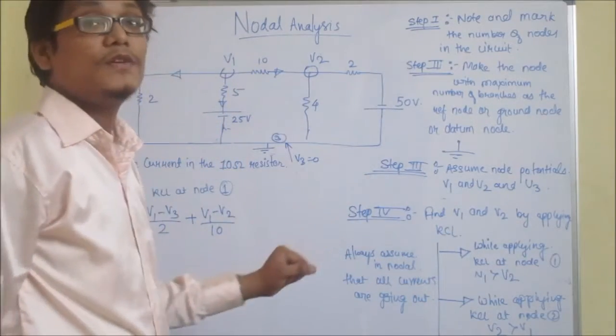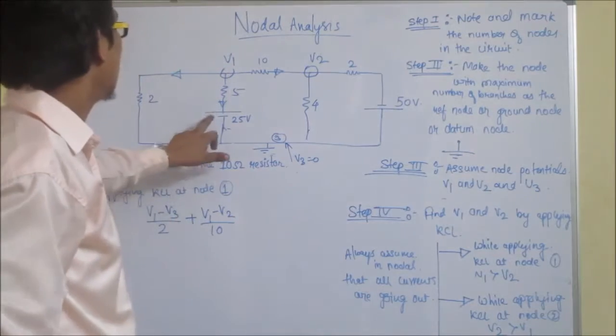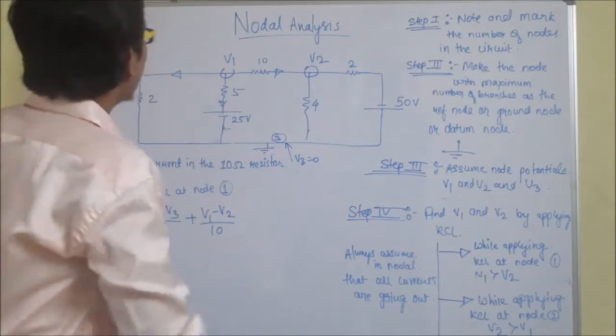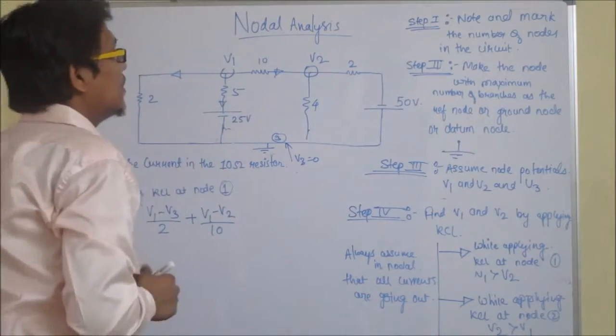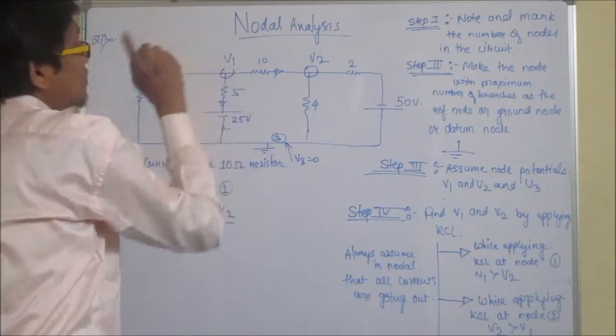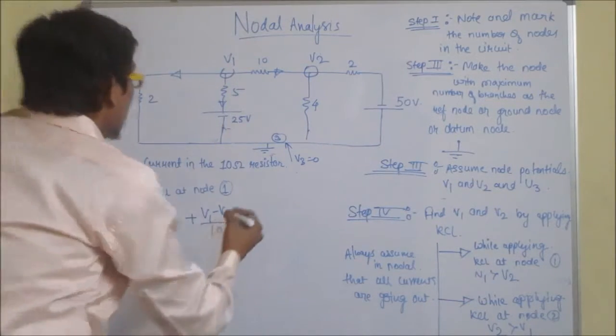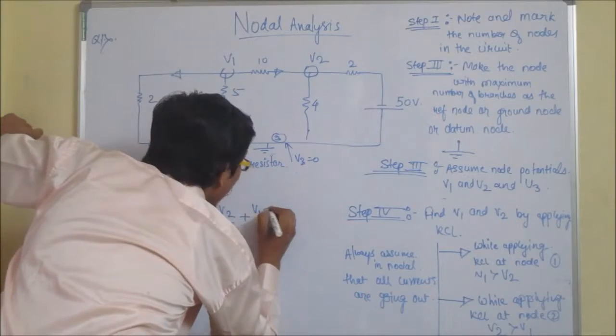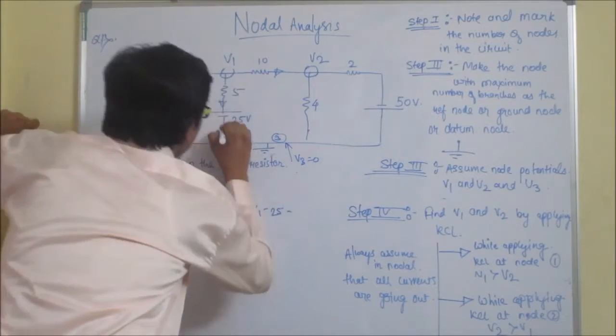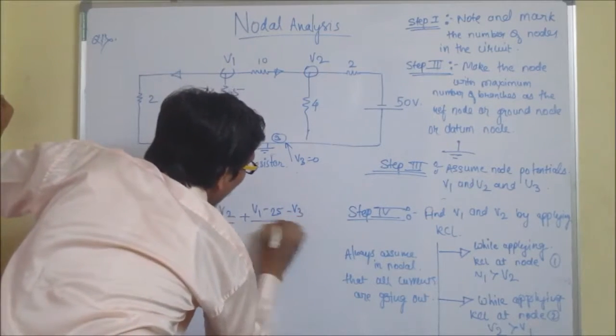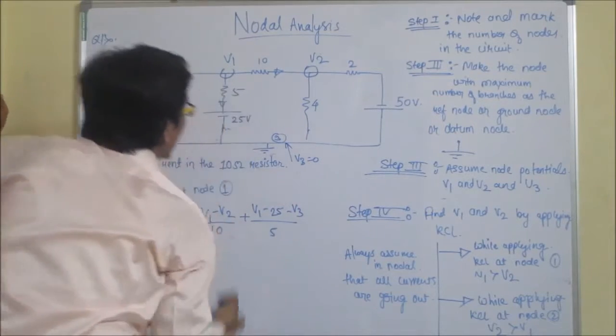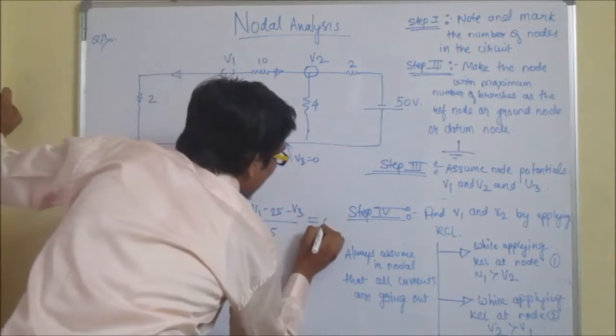That is, V1 is positive, we assume. But here there is also a positive potential. But we are assuming V1 is greatest of all. Therefore, plus (V1 minus 25)/5 minus V3 by 5 is equal to 0.